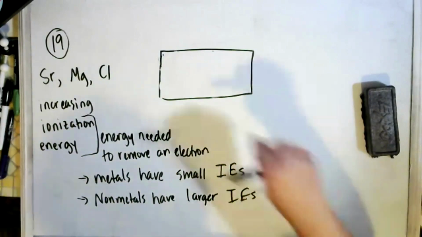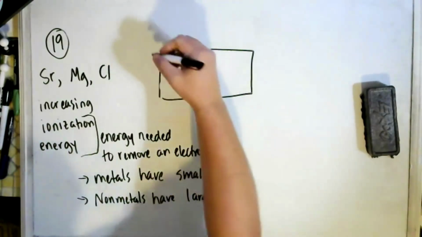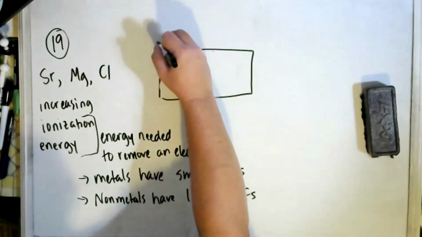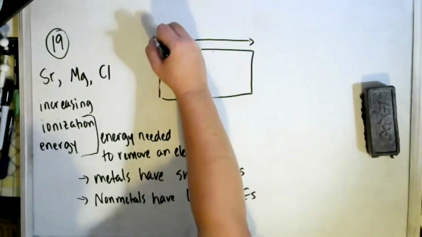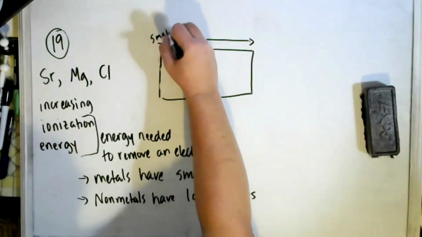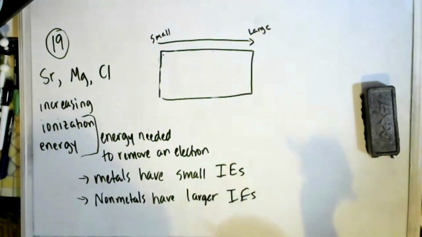Okay. So when we're looking across a row on our periodic table, we're going to have small to large for ionization energies.